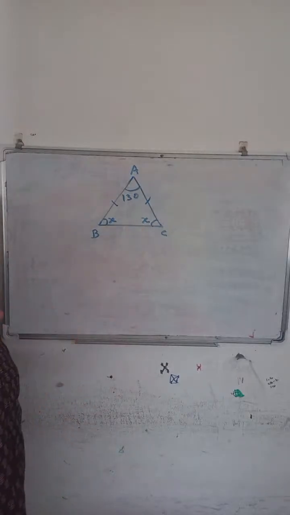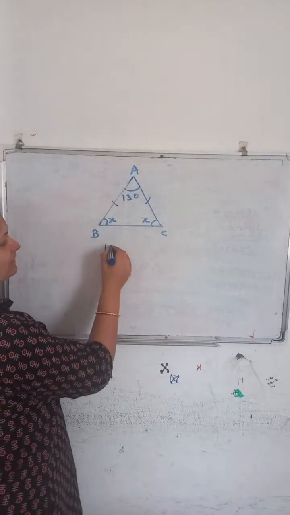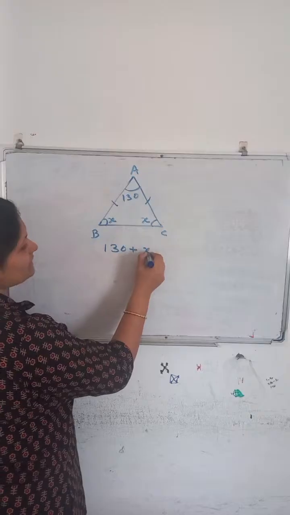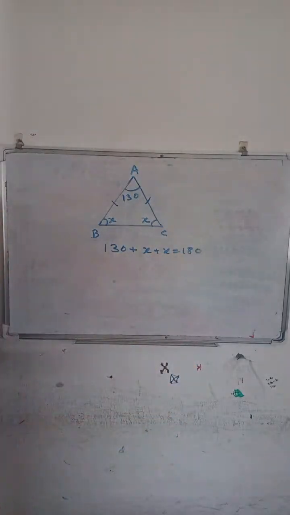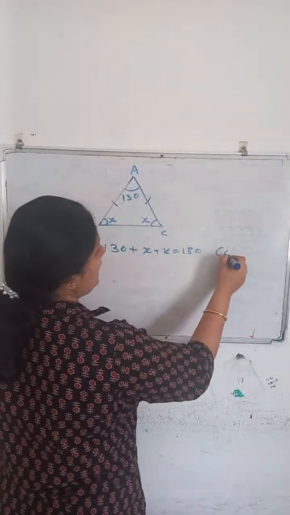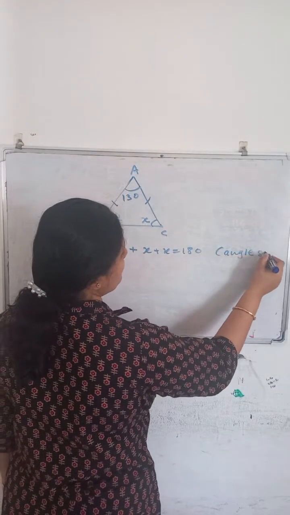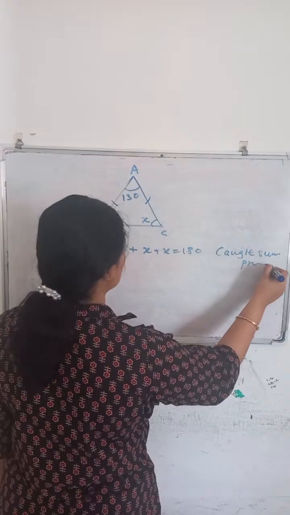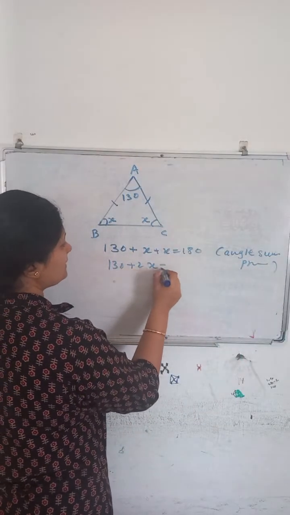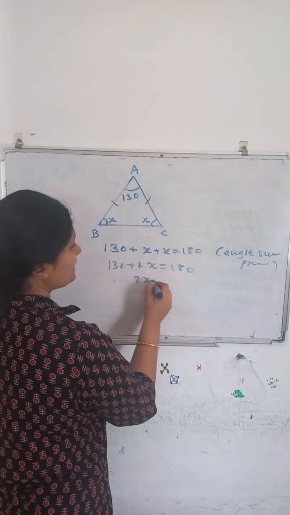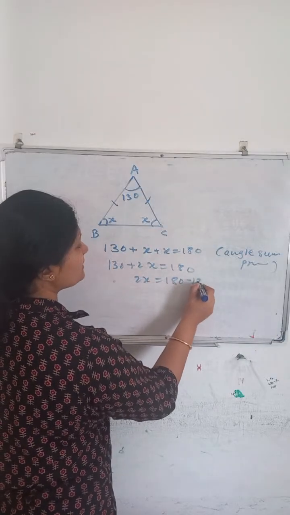So we know that the triangle angle sum is 180 degrees. So here we add 130 plus x plus x is equal to 180. If this question comes for 2 marks, then write down the reason: angle sum property. So 130 plus 2x is equal to 180, so 2x is equal to 180 minus 130.